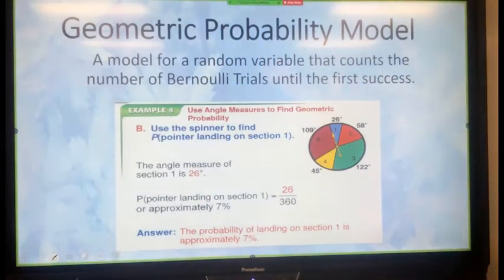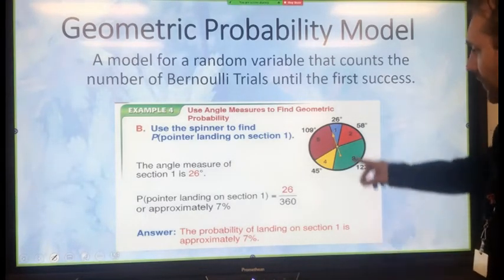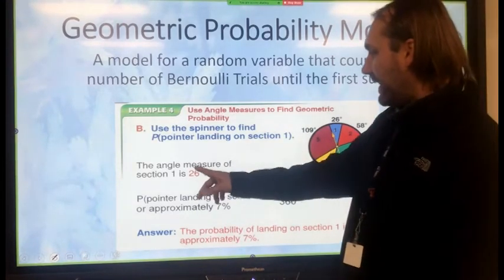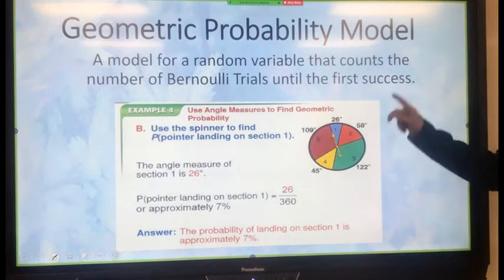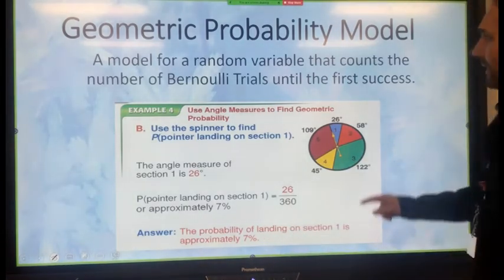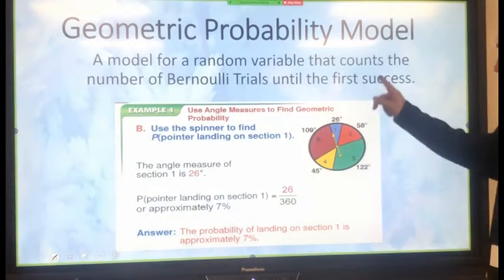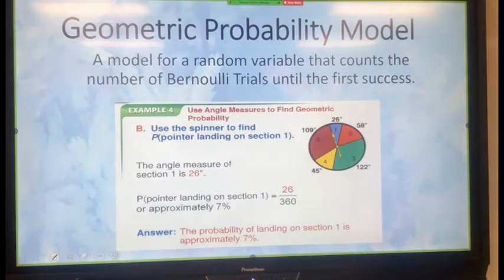A geometric probability model is a model for a random variable that counts the number of Bernoulli trials until the first success. So I have this spinner wheel with 360 degrees. I want to find the angle of section 1, which is 26. What's the probability of landing on 26 on my first spin? Well, that is a 7% chance. So what I'm doing for this model is I'm spinning this until I get that 1, until my first success.